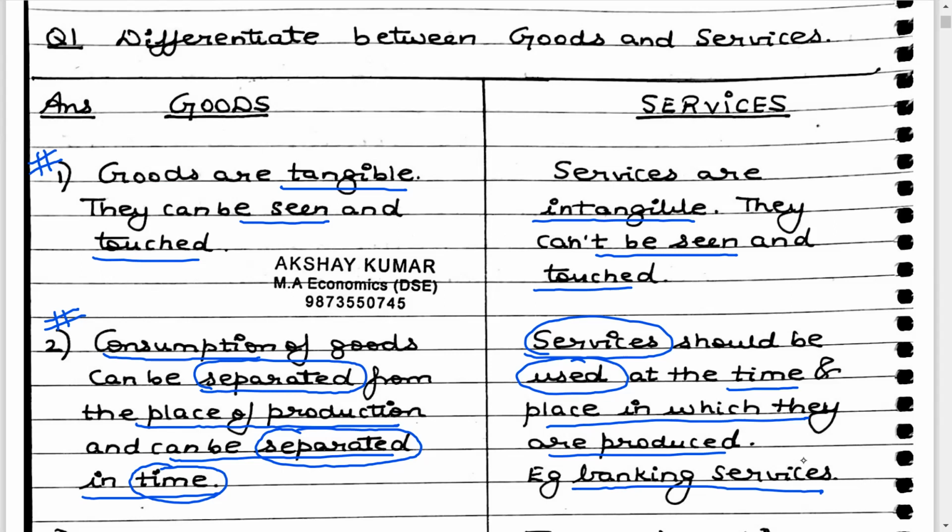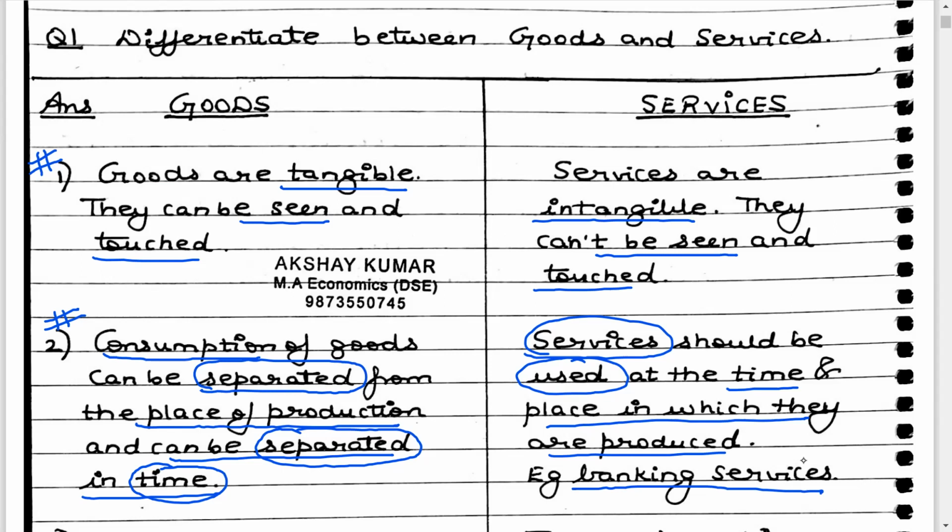Or I can say goods might be produced at one location, but they may be consumed at some other location. This is not true for services. Services are mostly consumed only at the point where they are produced. That means in case of services, you cannot differentiate the place of production from place of consumption. In case of services, consumption will happen only at the place of production.